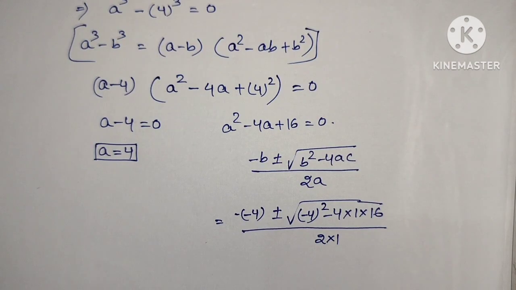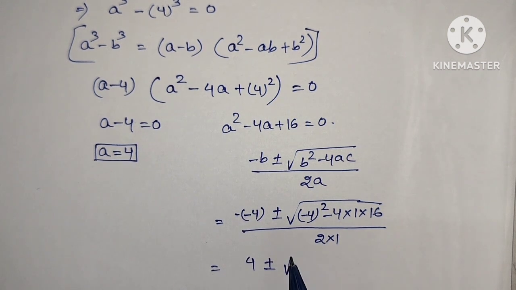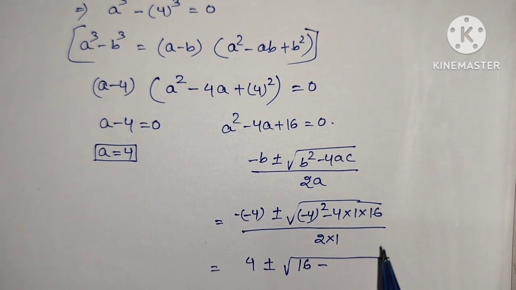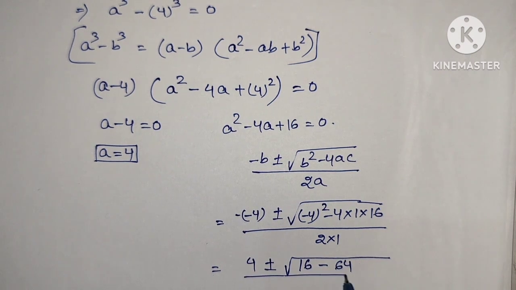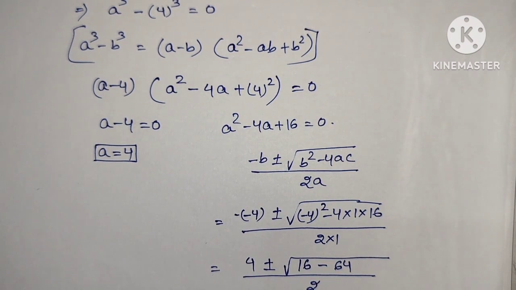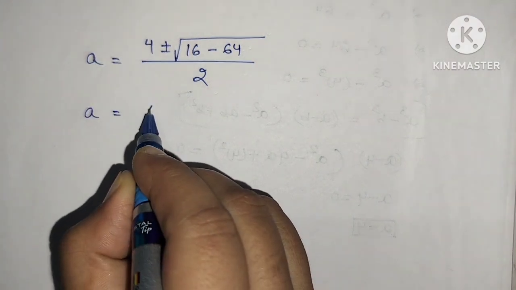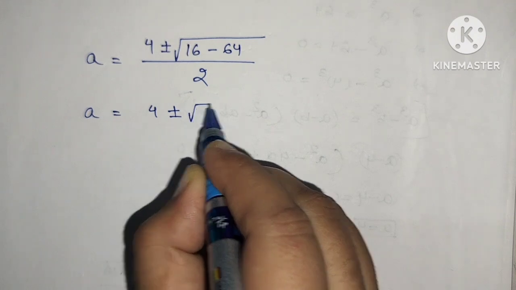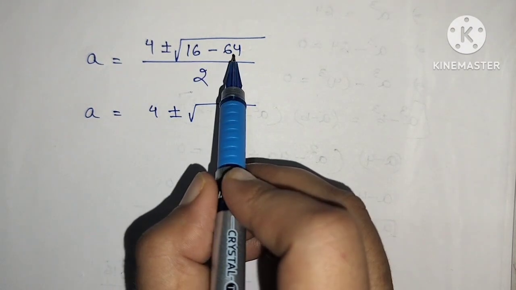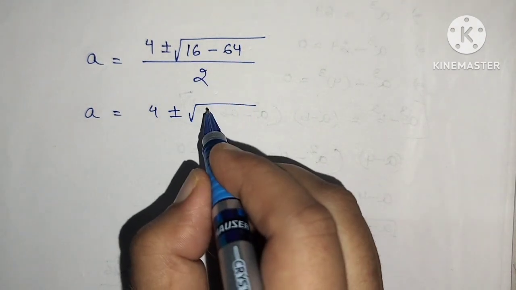Then it is minus of minus 4, it is plus 4, plus minus root over of minus 4 square, it is 16, minus 16 into 4, it is 64, divided by 2. Then A is equal to 4 plus minus root over of 16 minus 64.